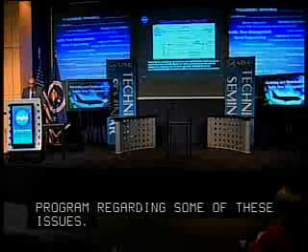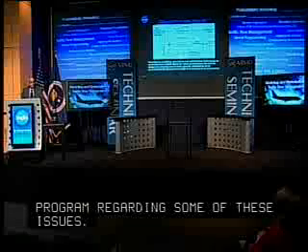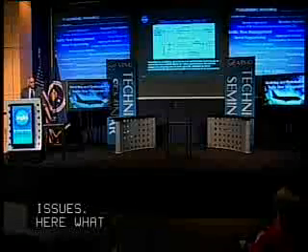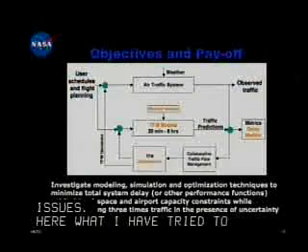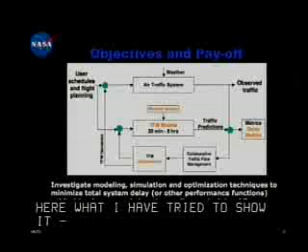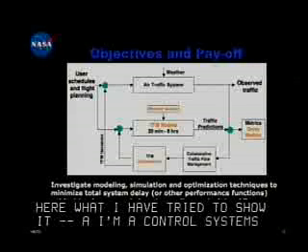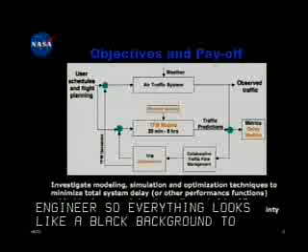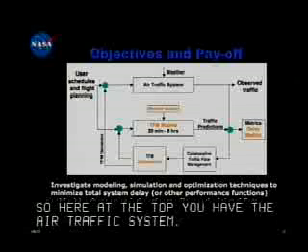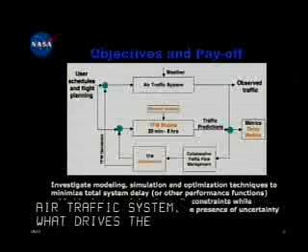Here, I'm a control systems engineer, so everything looks like a block diagram to me. At the top, you have the air traffic system. What drives the air traffic system is user schedules and flight planning.